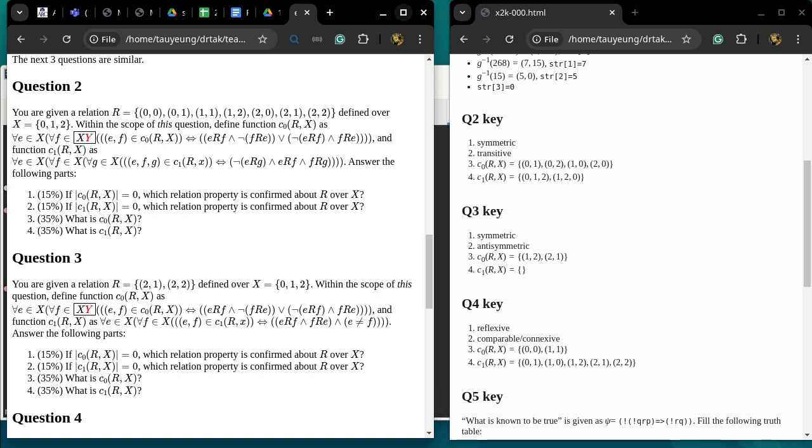Because in order for EF as a two tuple to be in C0, it means this OR has to be true, which means exactly one of the two has to be here, but not both. So that means an element not relating to itself is not going to be caught because if E and F are the same, then both of these will have to be false, which means the OR has to be false, right?